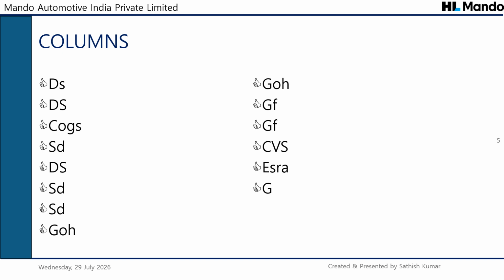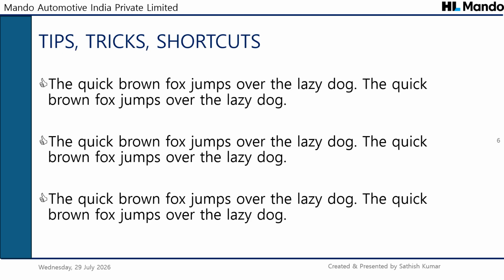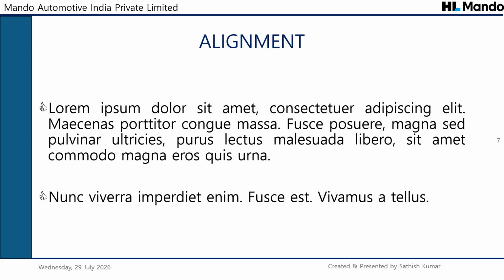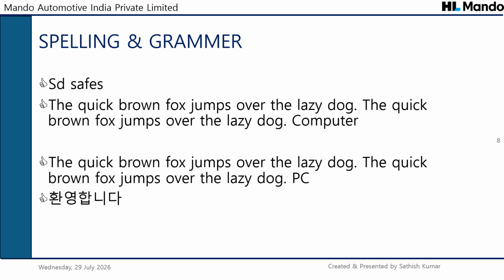So many options available. Same thing for the previous slide: up arrow, left arrow, P for previous. So many options to move between the previous slide and the next slide.